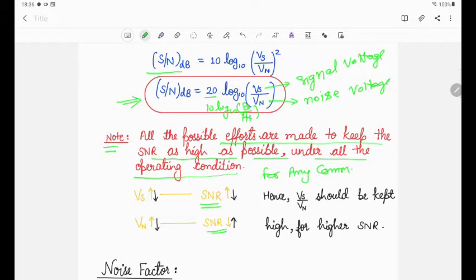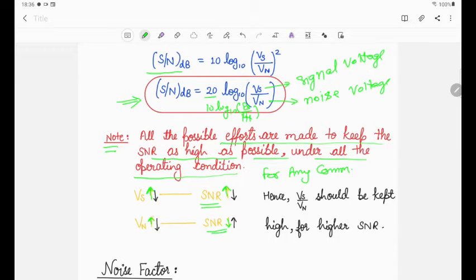To keep the signal to noise ratio high, what can we do? The signal to noise ratio is the ratio of signal voltage to noise voltage, or signal power to noise power. So ultimately we need to increase the signal voltage or signal power. If we increase Vs, the signal to noise ratio will increase, because in the above equation it is directly proportional to Vs. Similarly, if we increase the noise voltage, the signal to noise ratio will decrease.